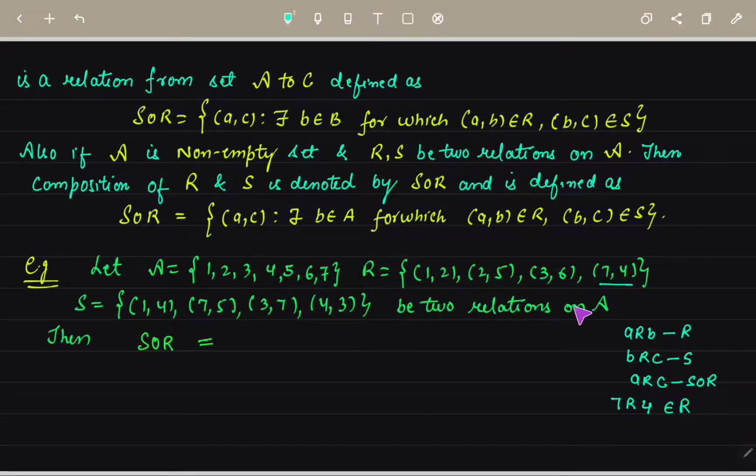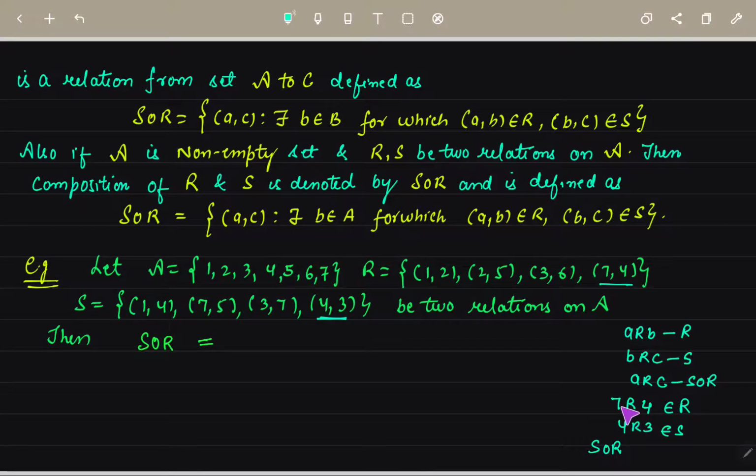Similarly, if I take another ordered pair from the relation S, I am taking here 4 is related to 3. So this belongs to S. Then what will be the S composition R?